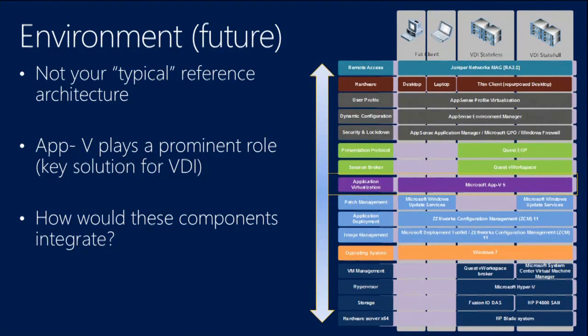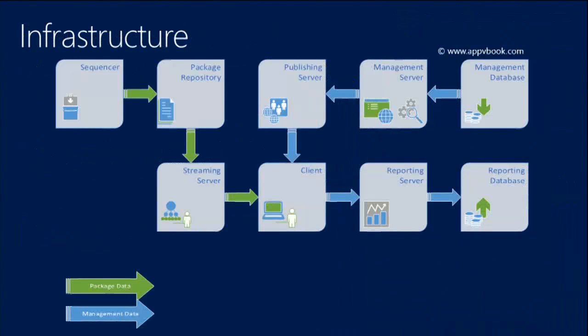So it was very interesting to see how those solutions would handle App-V. But since there was no delivery in place for App-V, we decided to go for the full infrastructure, because that's the lowest impact in this particular environment.